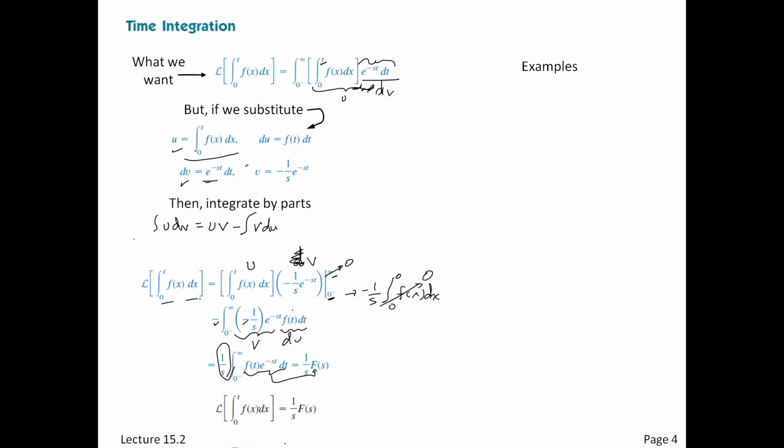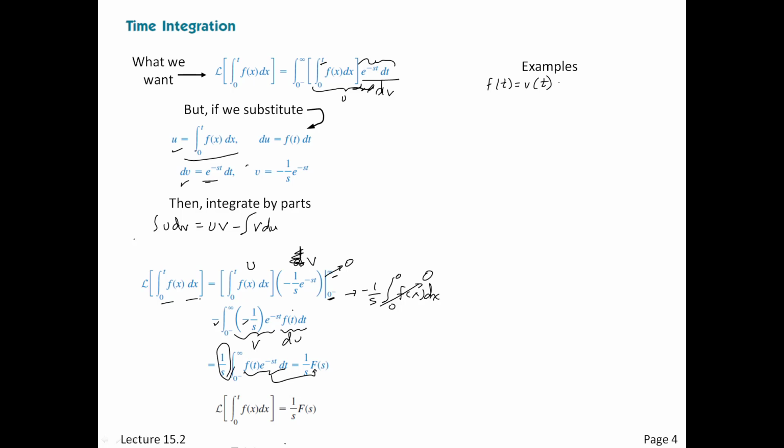So let's look at a couple of examples. Let's have f of t equal to the step function. That's not v of t, I am with my sloppy u's and v's.